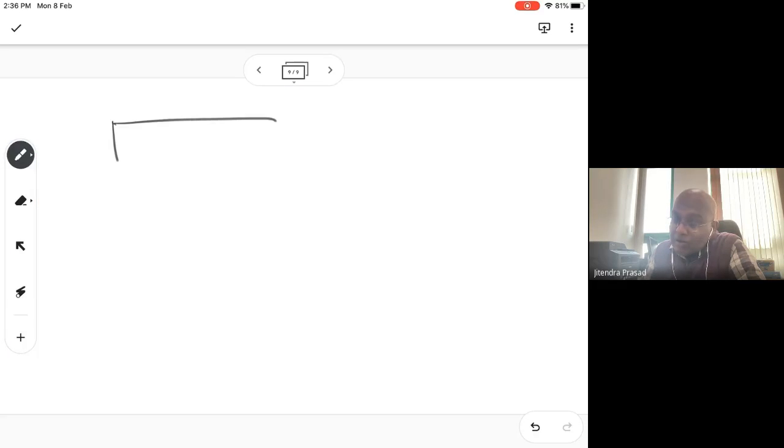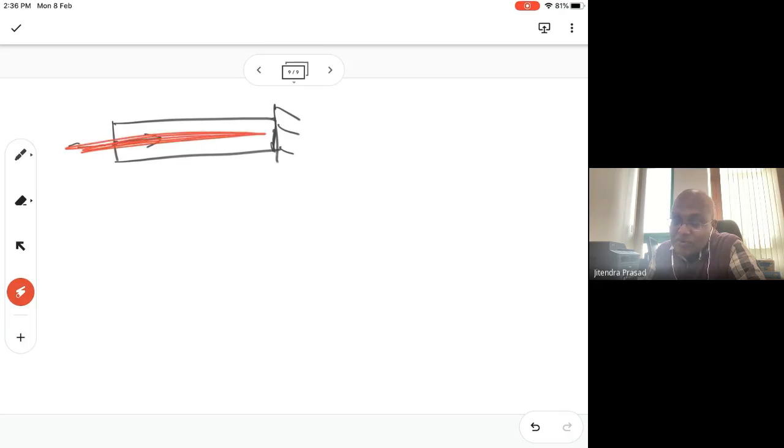In the problem we have been solving, with axial loading, this point can go in only one direction, in the x direction only. We are assuming it goes in one direction only, and hence it has 1 degree of freedom.